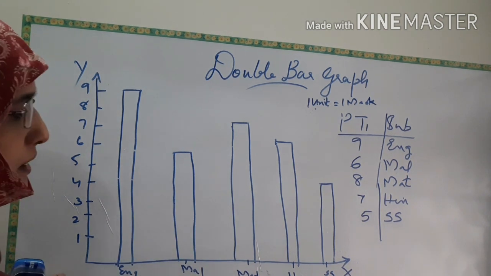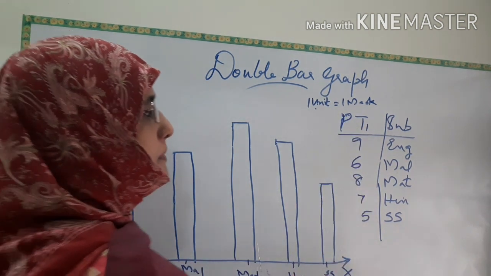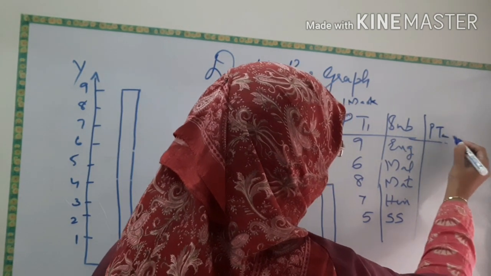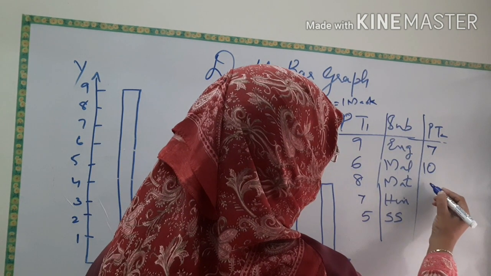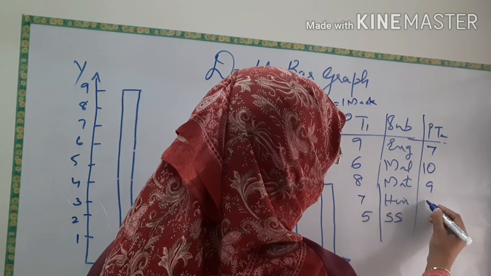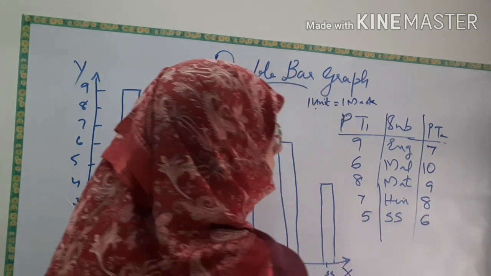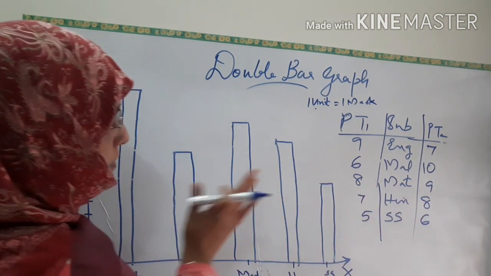Now see, I want to enter the marks of the PT2 also. Periodic test 2. So the marks are 7, 10, 9, 8 and again 6. Now I want to enter the marks of periodic test 2 to this graph.